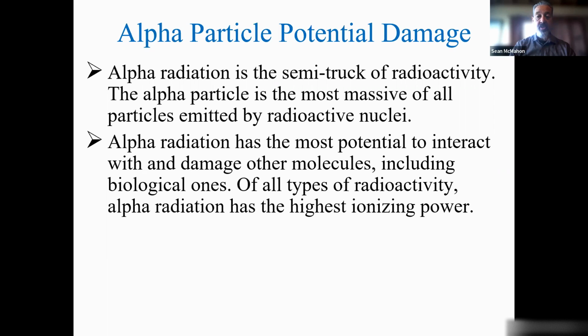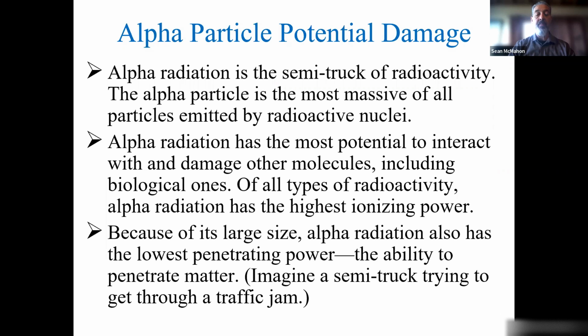Of all the radiation, the alpha particle has the most ionizing power. But because it's so large, it doesn't have a very good ability to penetrate. You can think of it as a semi-truck trying to go through a traffic jam. It can't really get through it. It can't maneuver very easily because it's so massive.